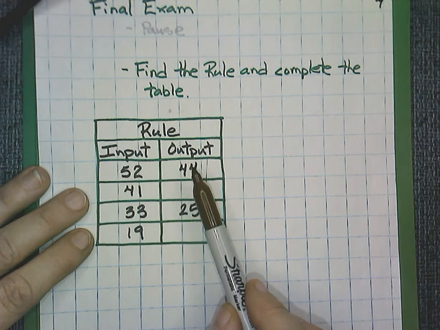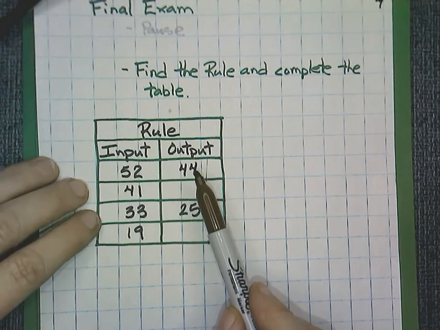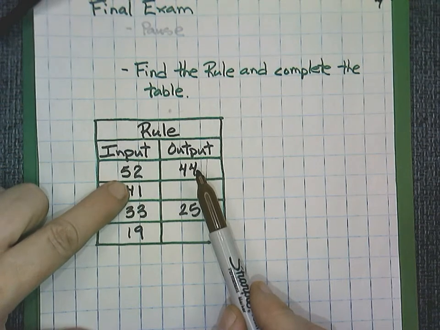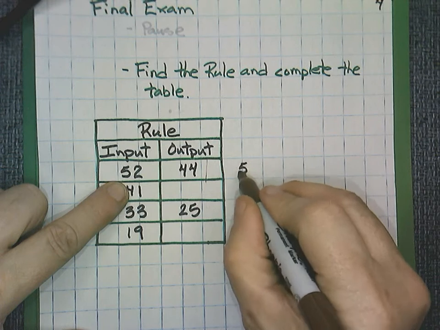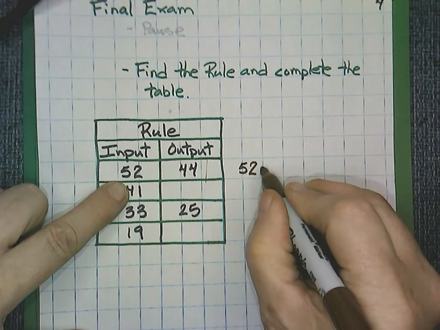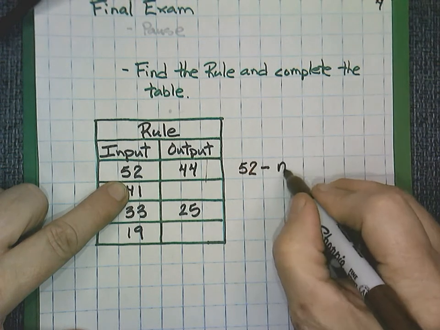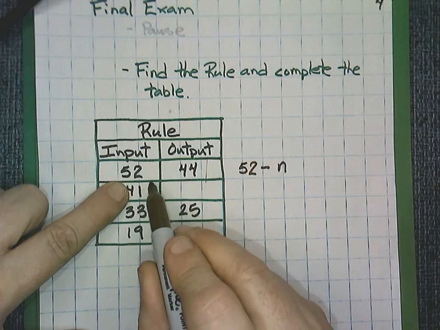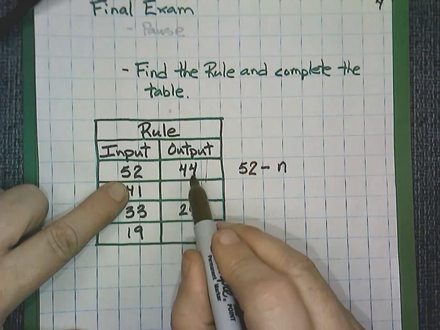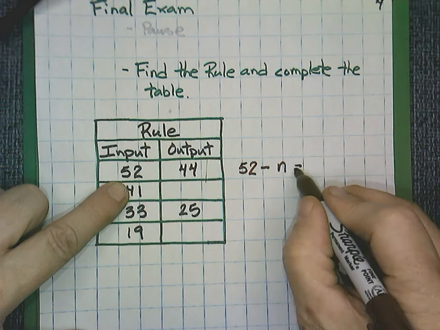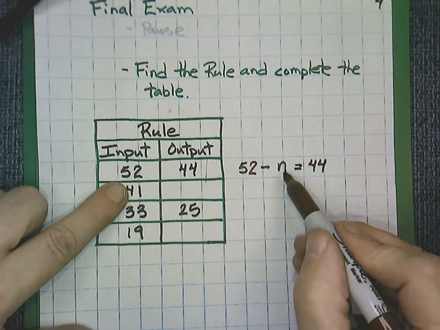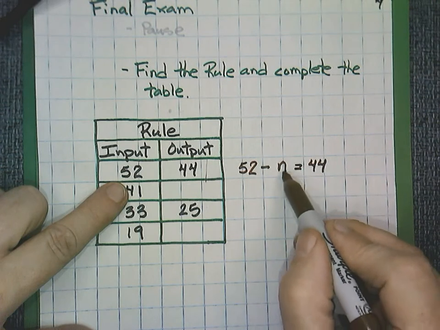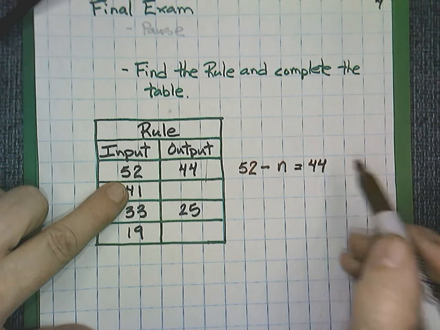So I know that probability-wise this is going to be subtracting. I'm going to do an equation. 52 minus n. Remember, I do not want to say 52 minus 44 because 44 is our difference, okay? So 52 minus our unknown equals 44.